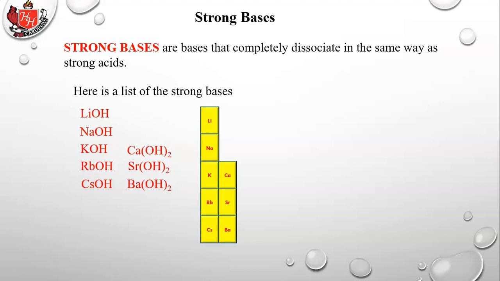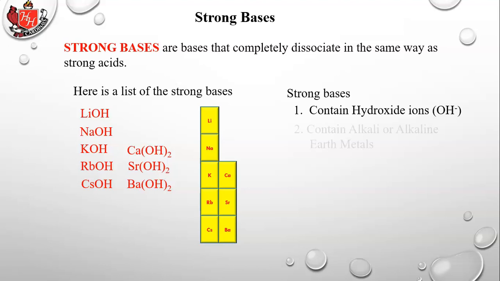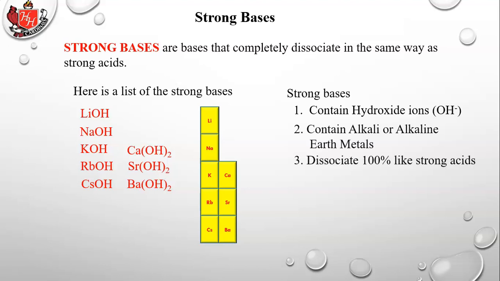So strong bases contain hydroxide ions, OH-, which they then dissociate with, and the hydroxide is left in the solution. They contain an alkali or alkaline earth metal, and they dissociate 100% like strong acids.